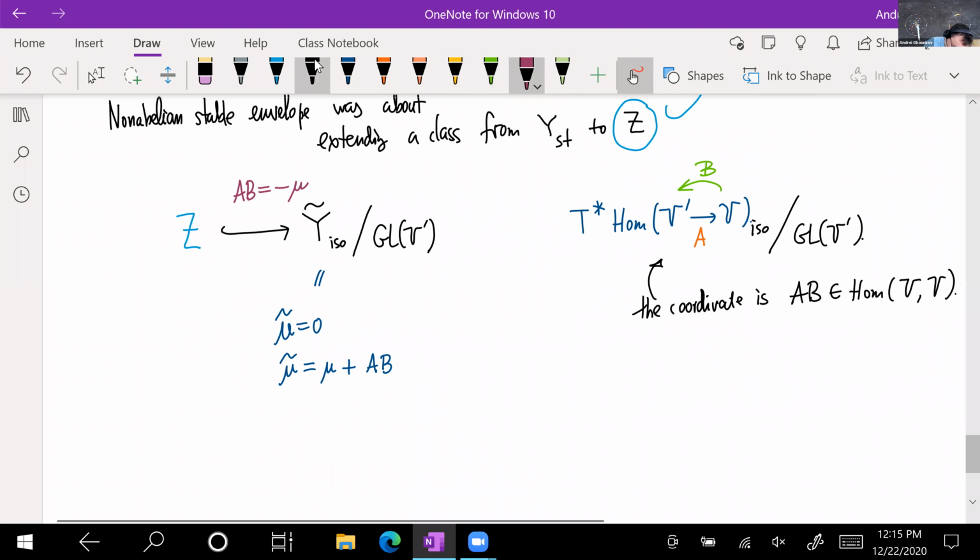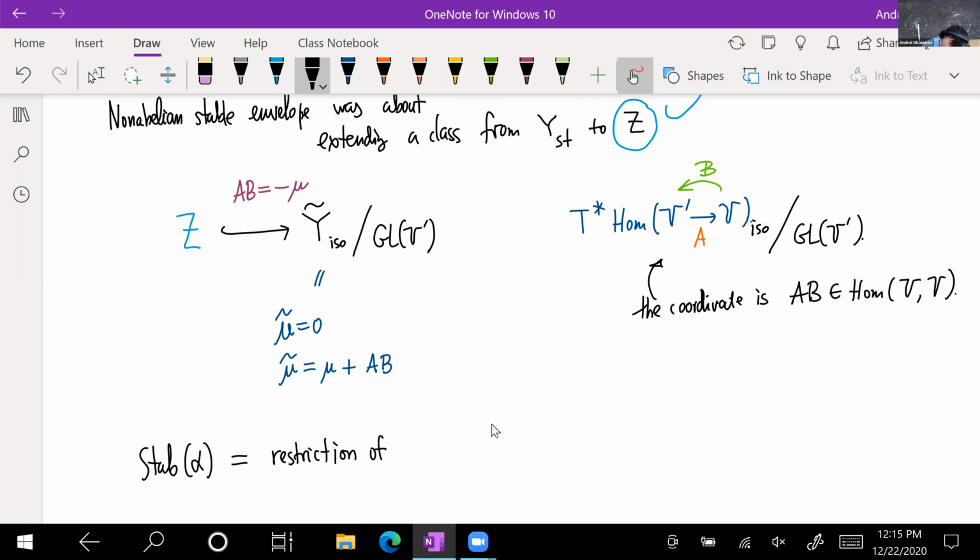And so then we take the stable envelope of some class alpha. We decide this is the restriction of whatever the class is; you take the stable envelope with respect to this GL_V action, of some class alpha.